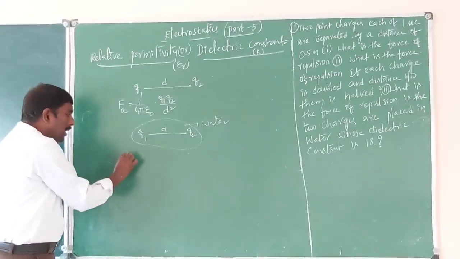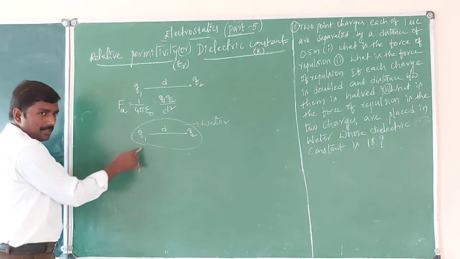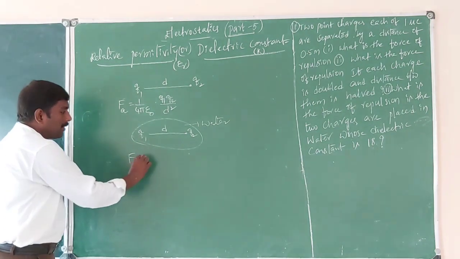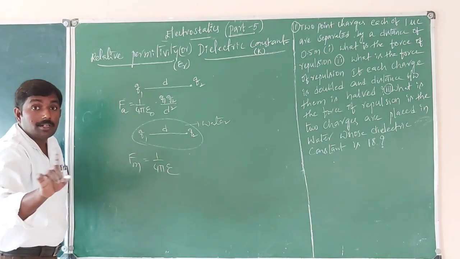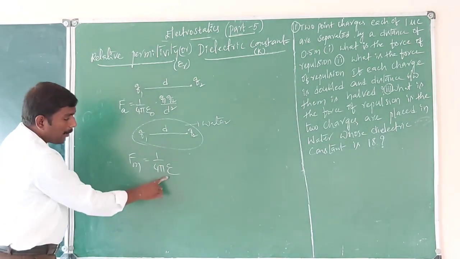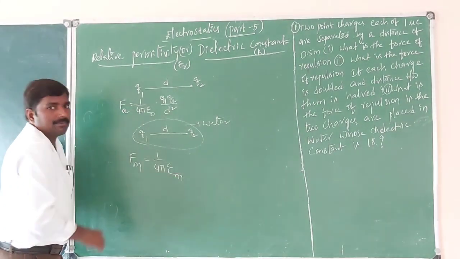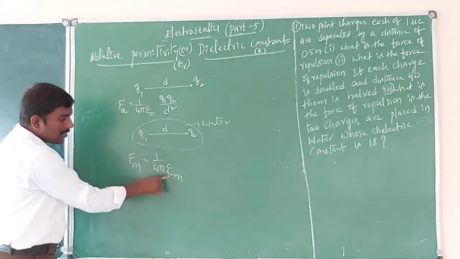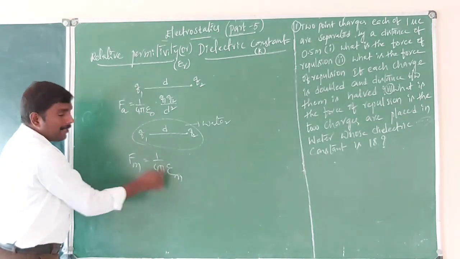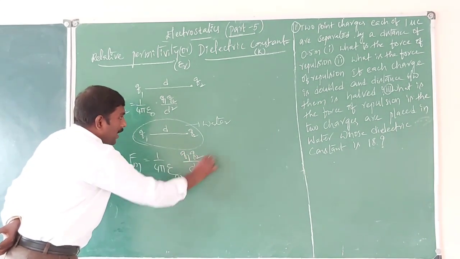Then according to Coulomb's law, in a medium, not air, F_m is equal to 1 over 4 pi epsilon, not epsilon naught. Epsilon is the permittivity of the medium. This is the permittivity of vacuum or air. This is the permittivity of medium. Q1 Q2 by D square.